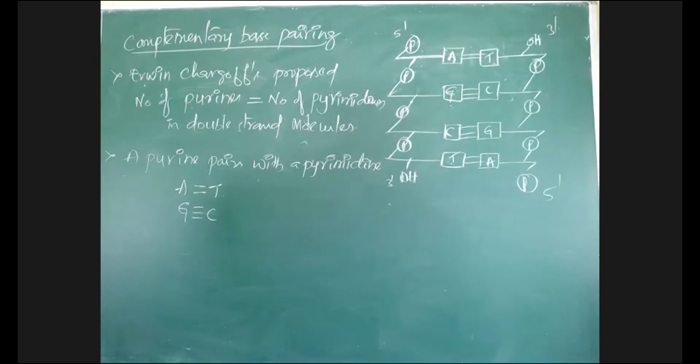That base pairing, formation of bonds is not important, but anyway, I will show you the base pairing once so that you can understand. One second. I will show the base pairing, formation of bonds.